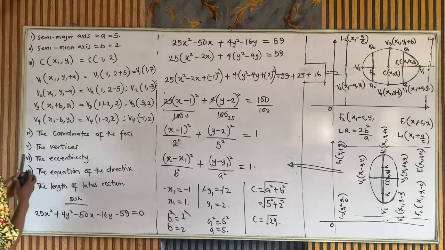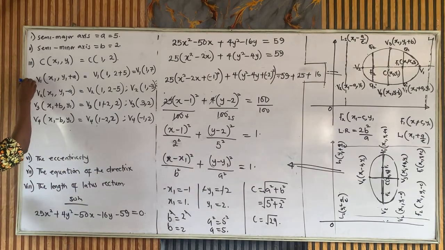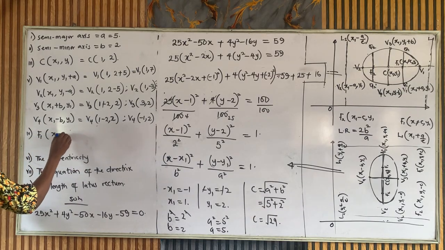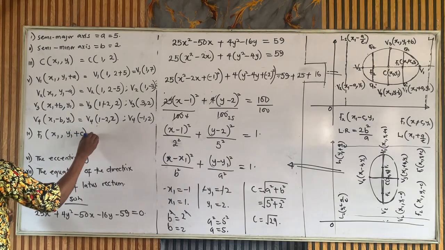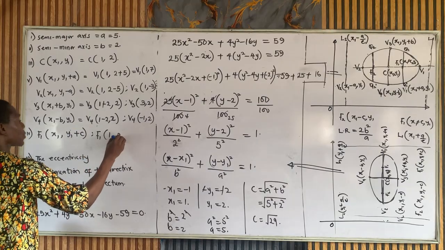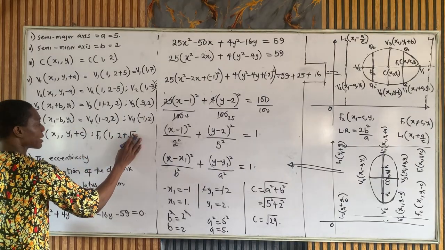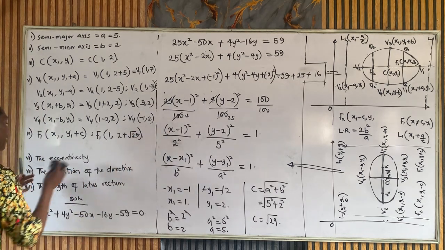Now let's get the coordinate of the foci. This is the 5th. I'm doing the 4th, if I skip the 4th mistakenly. Our f1 is simply x1, y1 plus c. And our f1 is going to be, x1 is 1, y1 is 2 plus your c, which is root 29. So this is the foci, f1.